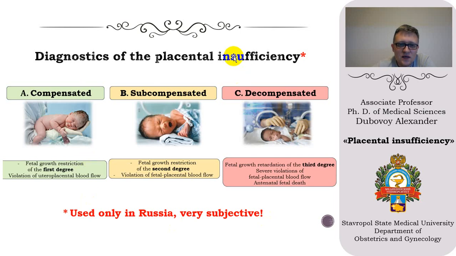Compensated placenta insufficiency: fetal growth restriction of the first degree, may be a normal fetal weight, violation of uteroplacental blood flow. Fetal growth restriction of the second degree in subcompensated, violation of fetal placental blood flow, and decompensated fetal growth restriction of the third degree may have severe violations of fetal placental blood flow or antenatal fetal death. And I repeat, used only in Russia, very subjective.